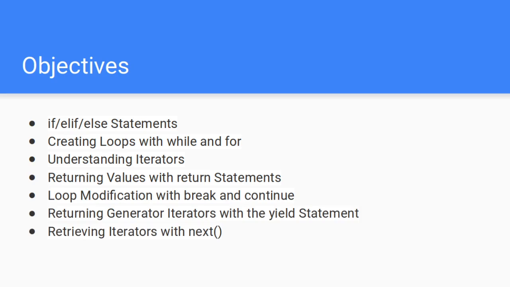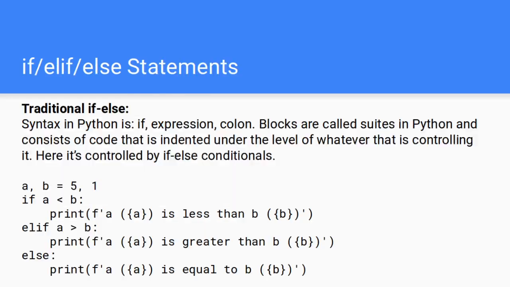The objectives of this video are to talk about if, elif, and else statements, the if suite, also about creating loops with while and for, understanding iterators, returning values with the return statement, loop modification with break and continue, and talk a bit about generators and iterators.